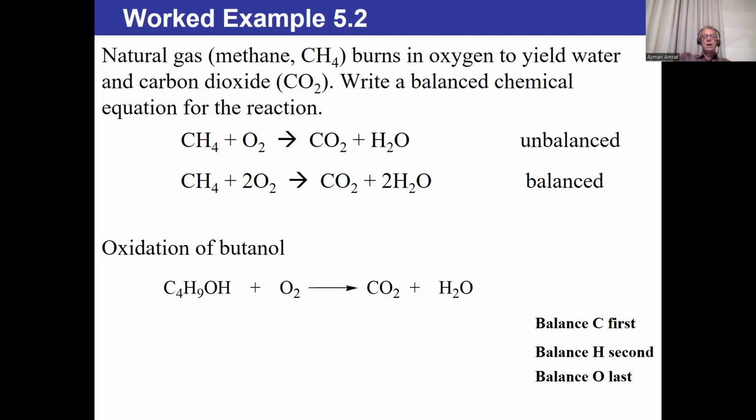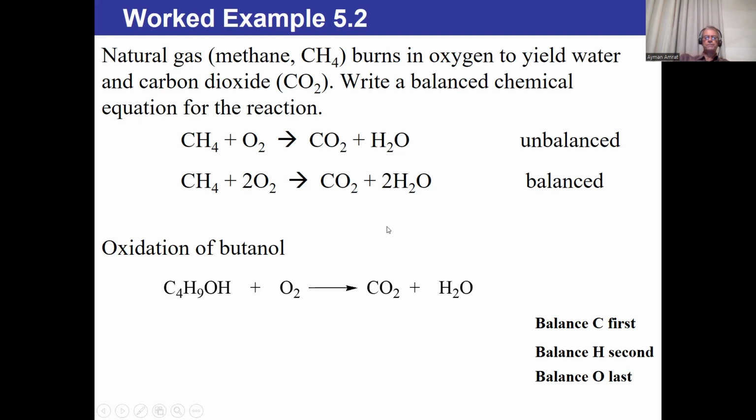Then balance the hydrogen by multiplying the water by 2. Now you have 4 hydrogens in CH4 and 4 hydrogens in the water. There are 2 oxygens plus 2 oxygens in carbon dioxide and water, so O2 should be multiplied by coefficient 2 to balance the oxygen.